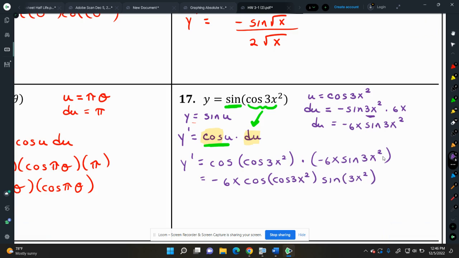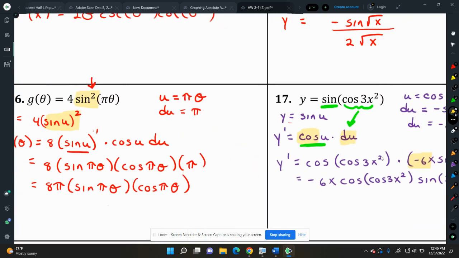Yes, Ben. Is it okay if I kept the negative with the sine and I didn't move it with the 6x? Yes, just be very careful. I typically don't like to leave the negatives here because it ends up looking like we're subtracting. So that's why I like to move that negative out in front. Okay, let's move on.